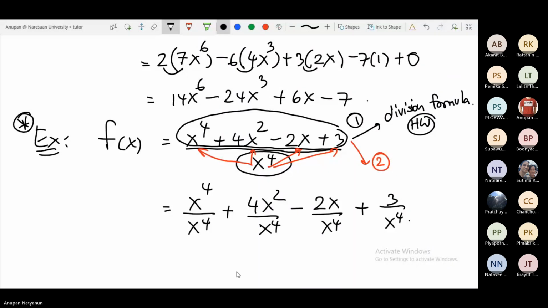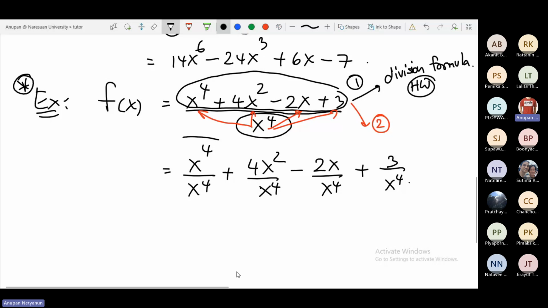And the good thing about this is you can see that for each term, for example, this guy, you have the same base, exponential, and you have division. So what you do is you can combine them together, right? You have the base x, the result is going to be base x, and then you subtract the power, right?